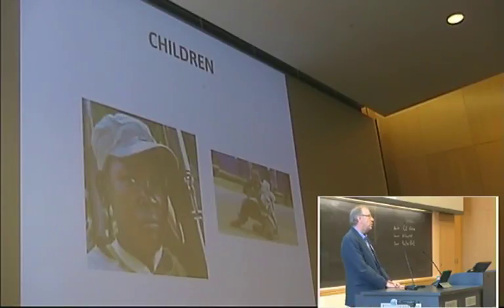And those are children as young as 11. And by the way, in both pictures you see boys. However, it's definitely not uncommon to also have girls recruited in armed forces. And I'm going to explain a little bit how precarious existence is for boys. You can imagine for girls it's even worse. But let me talk about the boys first.